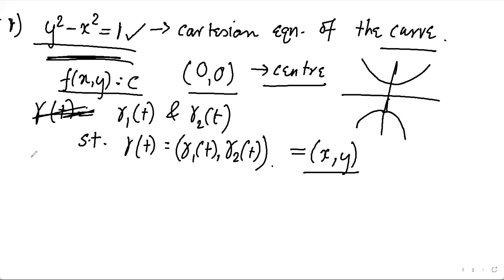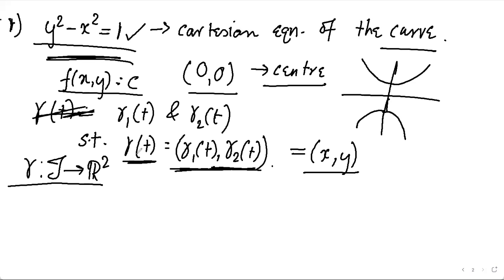Since we have defined gamma from R to R2, the value of this coordinate in R2 corresponding to this gamma will be dependent on the choice of variable from this domain. That means the x coordinate is a function of t and the y coordinate is a function of t as well.